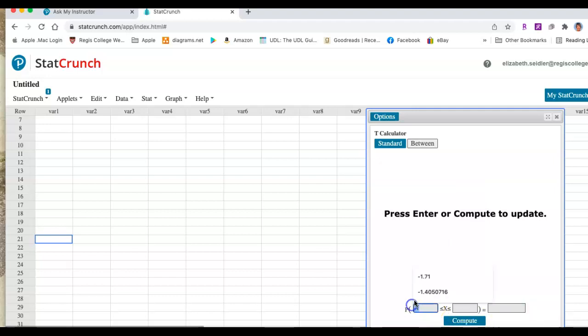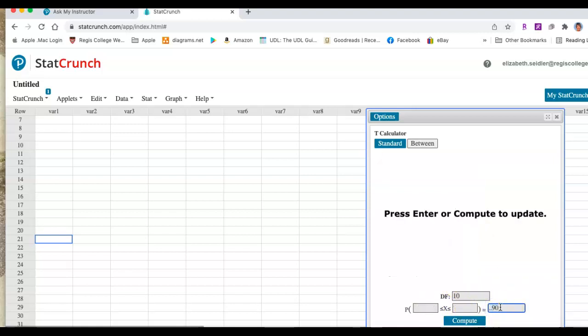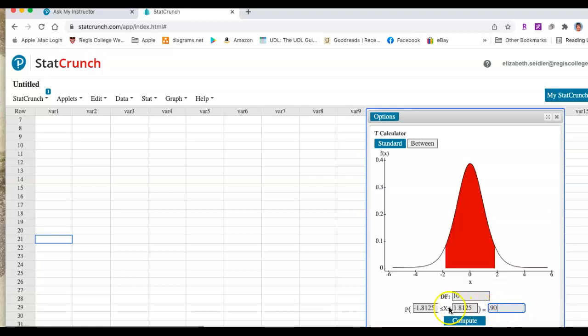I can also do a between, so let me clear these out. With 10 degrees of freedom, again, you need to know your sample size. I'll be given the degrees of freedom. Your significance level, let's say, is 0.10. Again, these should be the same, but I'm going to put in 0.9 because it's a between.